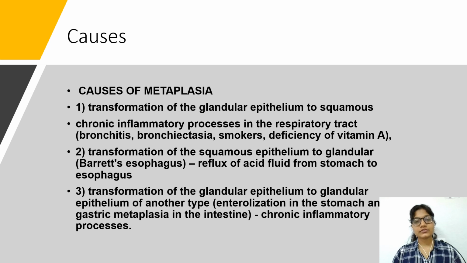It is the reflux of acid fluid from stomach to esophagus. And third is transformation of glandular epithelium to glandular epithelium of another type, that is intestinalization in the stomach and gastric metaplasia in the intestine, that is chronic inflammatory processes.